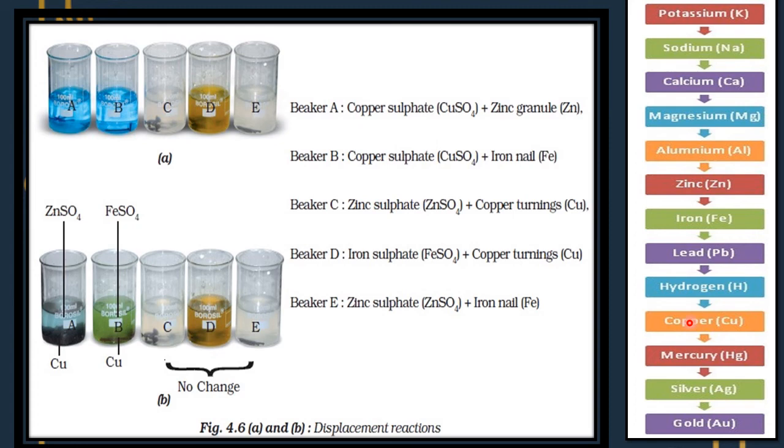Again, copper is less reactive, so it is unable to displace iron from iron sulfate solution. In beaker E, zinc sulfate and iron was taken. Iron is less reactive than zinc, so it is unable to displace zinc from zinc sulfate solution.